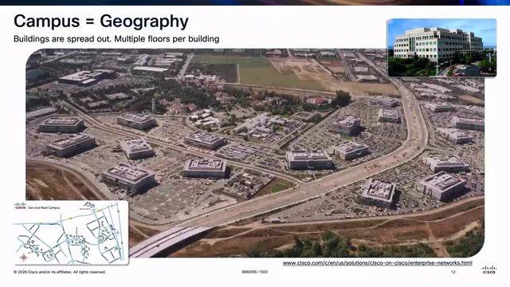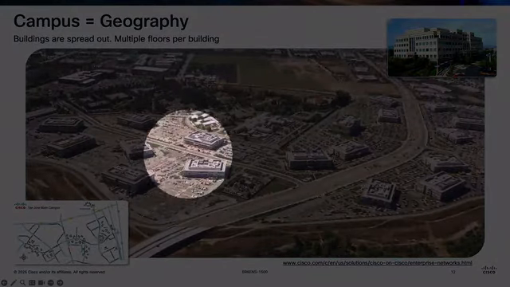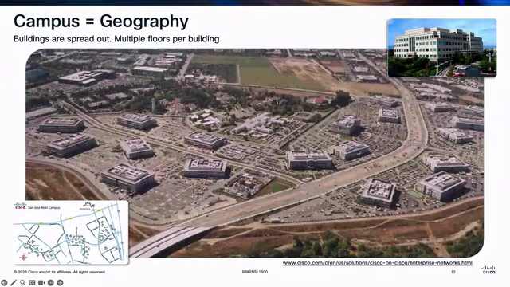And the campus equals geography. Right here, we've got a picture of the Cisco San Jose campus. Some of these buildings are no longer in use, but years ago it was a vibrant campus with many buildings and floors within the buildings connected. So a campus doesn't only restrict your network to a single floor or building, but could be made of multiple buildings which are in close geographical location.